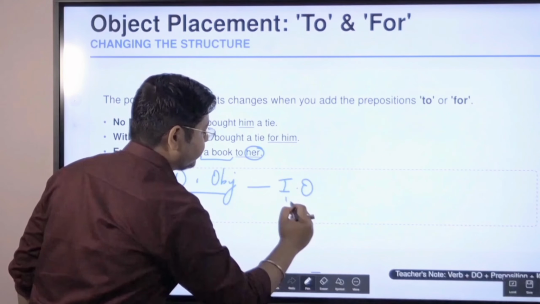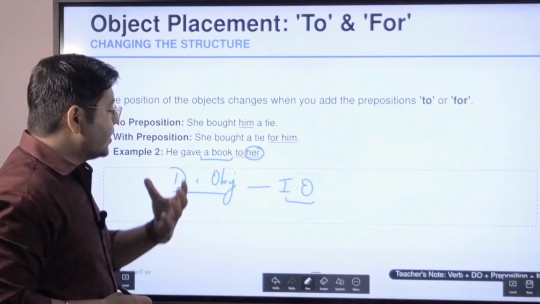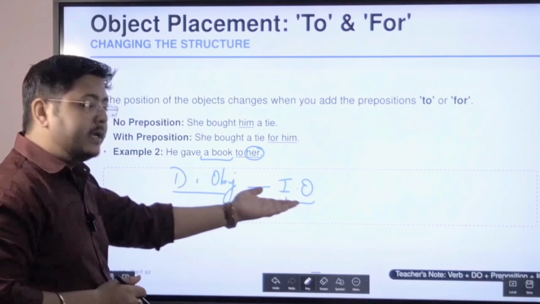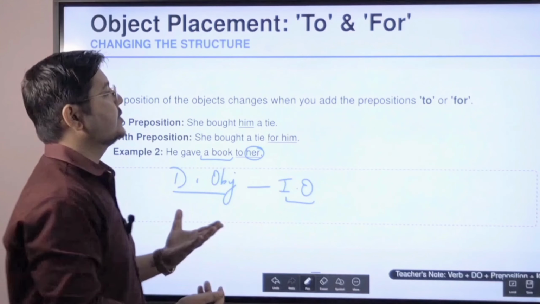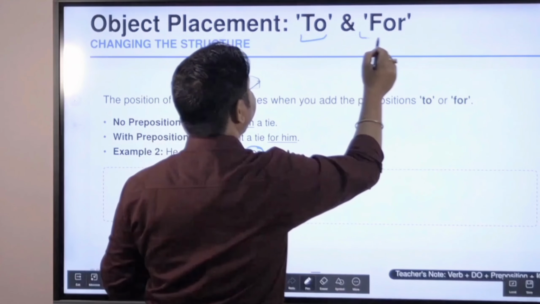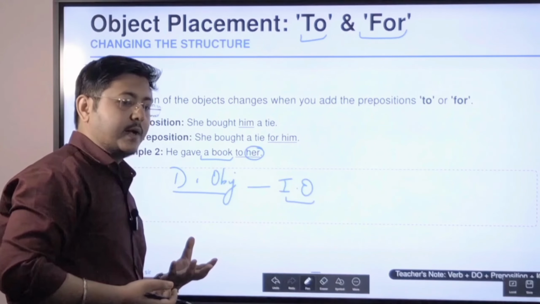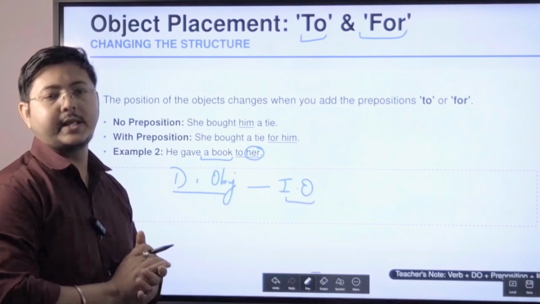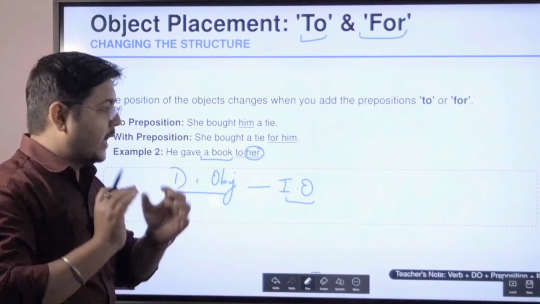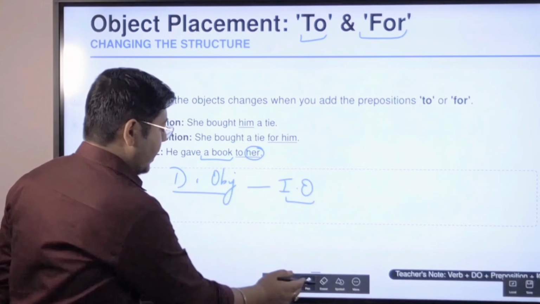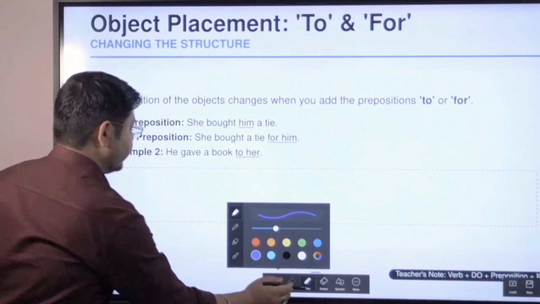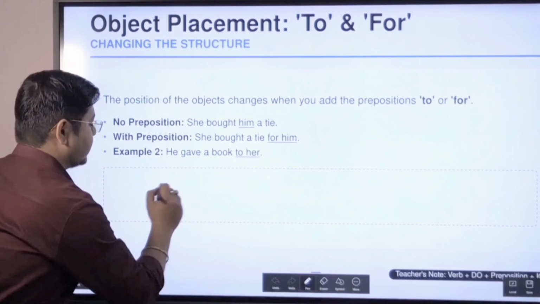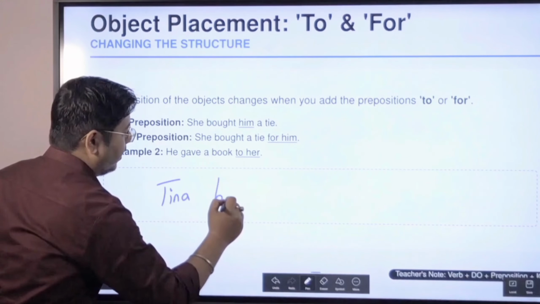Remember, students, in order for the object to be an indirect object, it only has to answer to and for. If you are getting the answer of any other preposition, that will not be called an indirect object. Let me show you what I'm talking about. I will write an example.